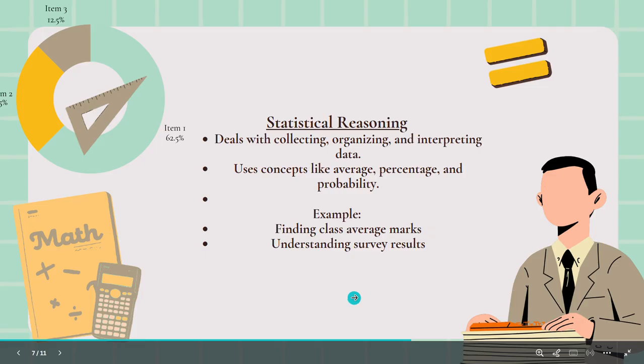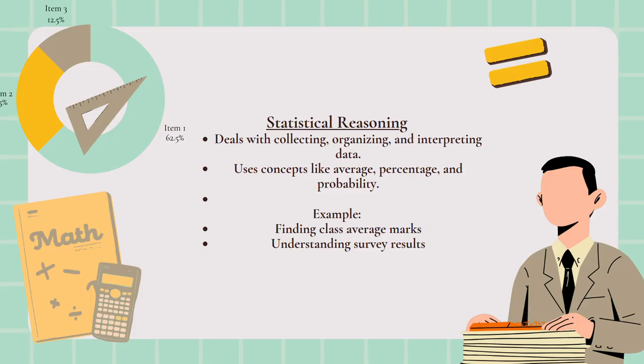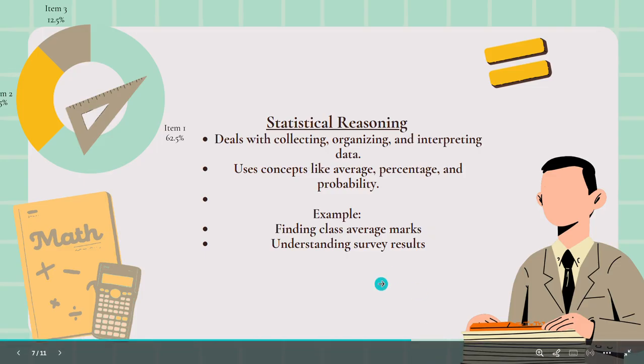So we have an example here, finding the class average marks. Suppose there are 54 students in a class and the grade card is out, and we'll be finding the average class marks. The whole 54 students' marks will be calculated and we'll be getting the average mark. Okay, so next we'll be having understanding the survey results.